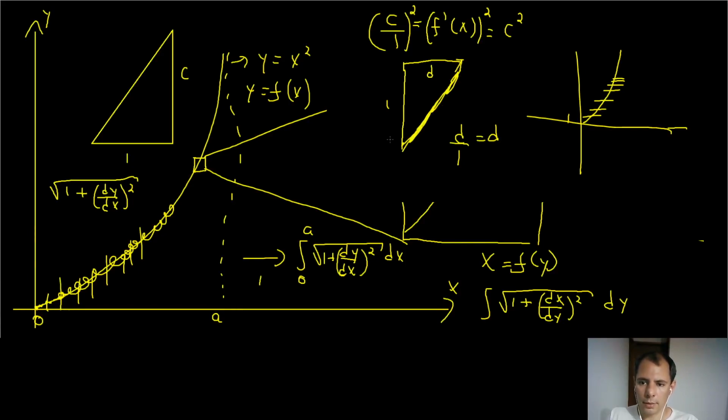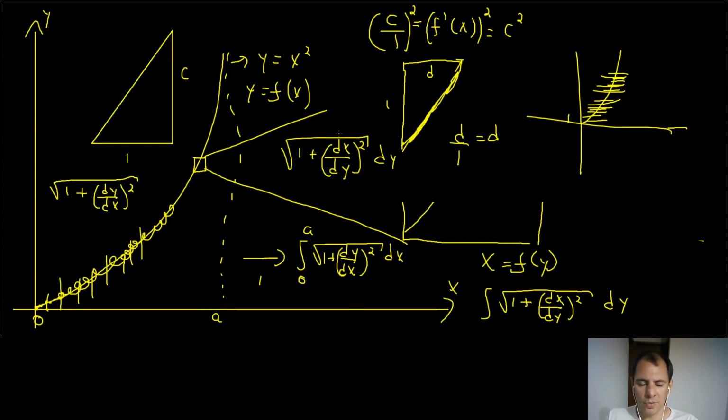Well, the length is going to be the square root of 1 plus d squared. But what is d squared? It's the run over the rise. So it's dx over dy squared dy, because you're integrating going up, okay? In steps of 1 up, not in steps of 1 to the right.